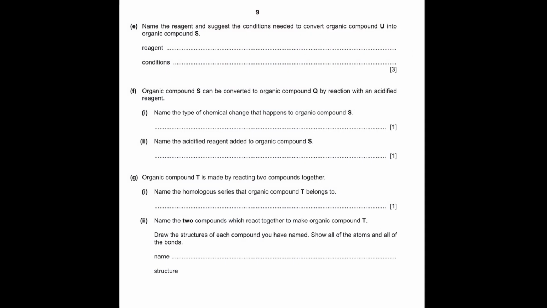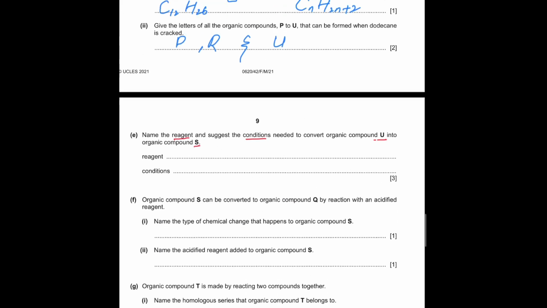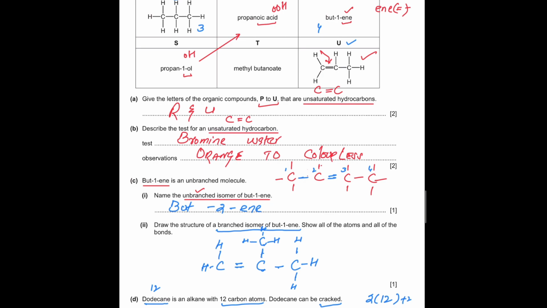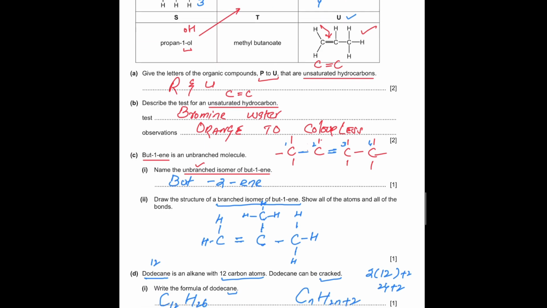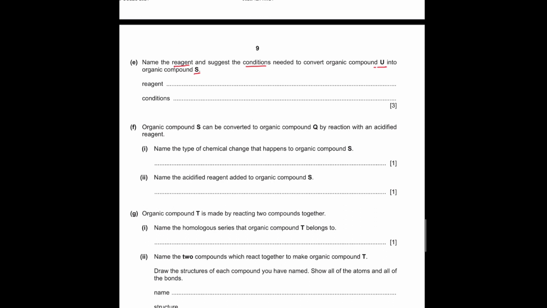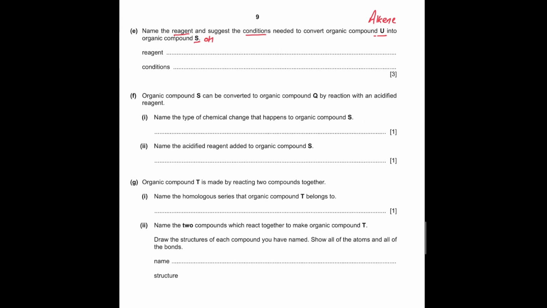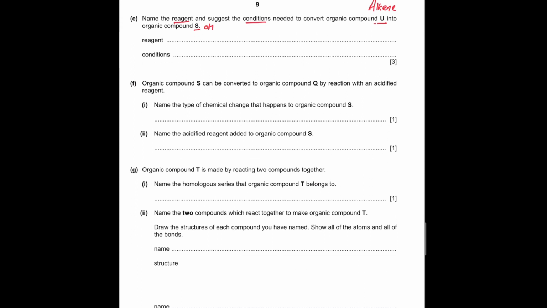In the next part, he said name a reagent and suggest the condition needed to convert organic compound U to organic compound S. So what are U and S? U is an alkene and S is an alcohol. So we have to break the double bond and convert it into an alcohol.